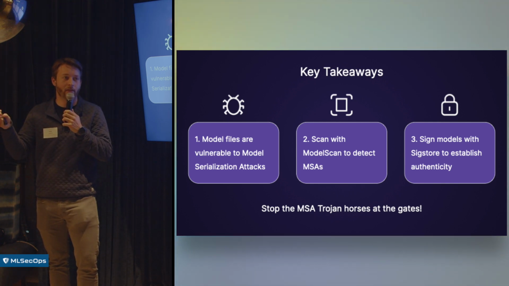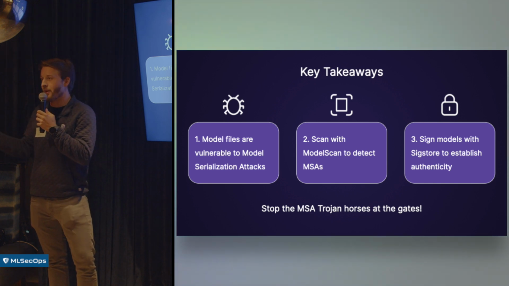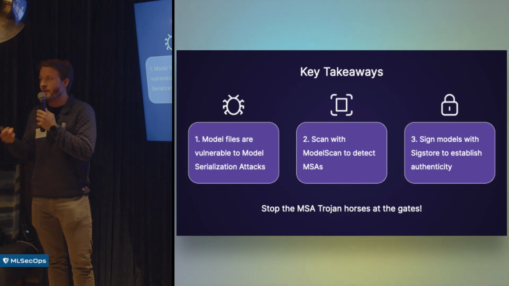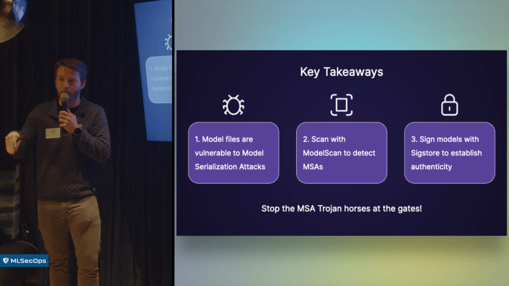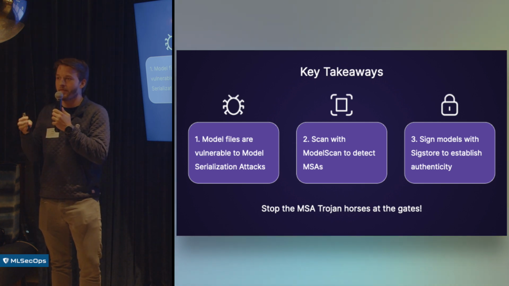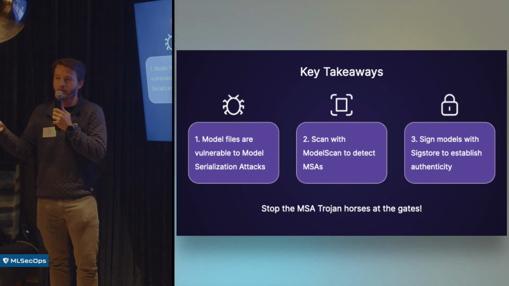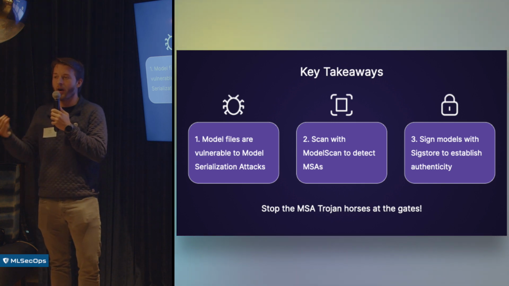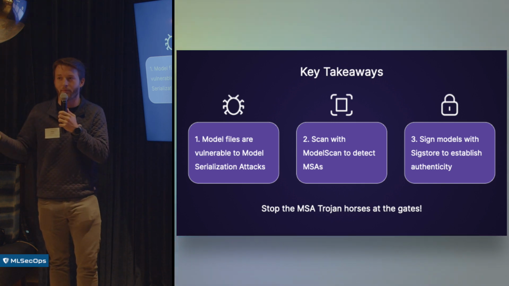As a result of that, you should always scan your models with model scan to detect these model serialization attacks. And then lastly, especially when you're dealing with private models, you should implement a signing and verification mechanism using SigStore to always establish the authenticity and integrity of those models and make sure that they haven't been tampered with in any way.